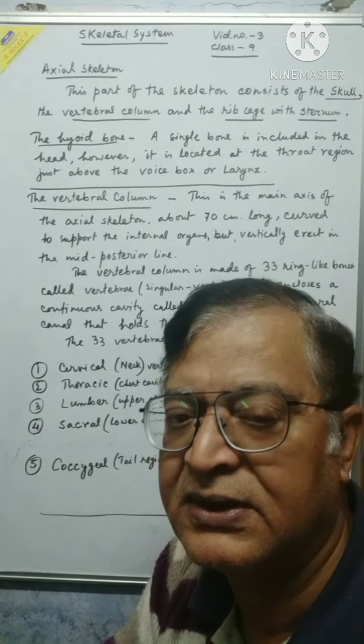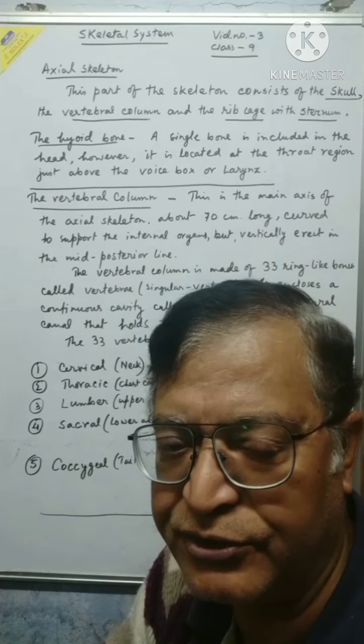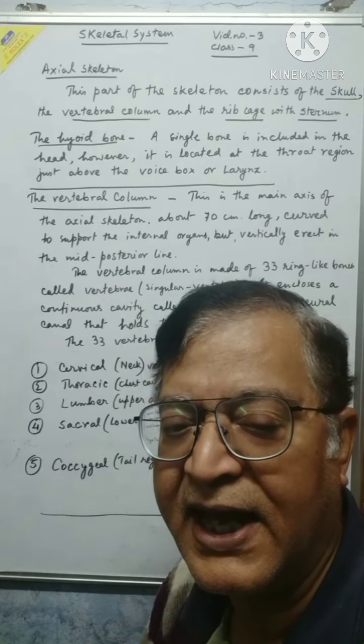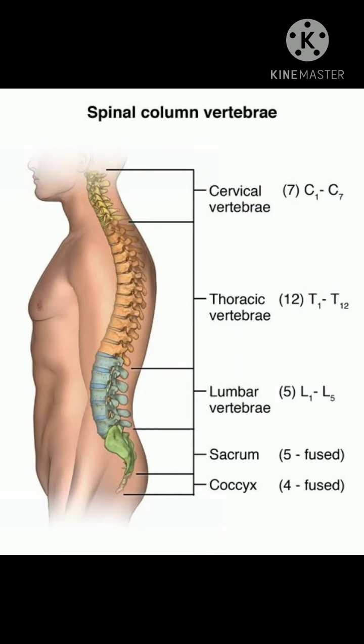But before I complete this video, I will show you the vertebral column and the number of vertebrae present in it. Now you see the location of the vertebral column in our body and see how curved it is to support the body, and also the numbering given there: cervical, thoracic, lumbar, sacrum and coccygeal is shown.